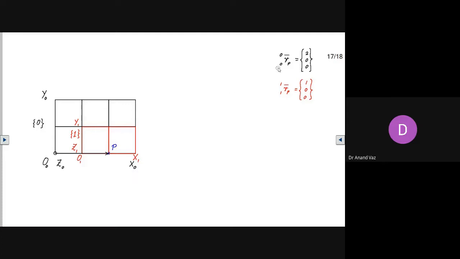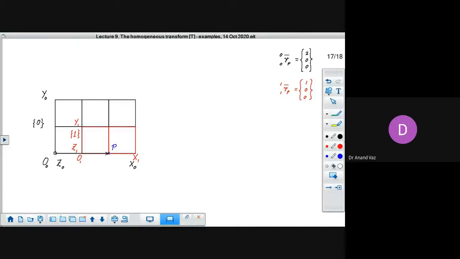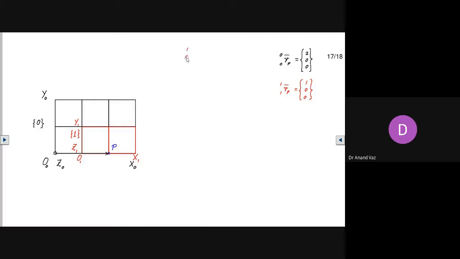Now, what is the relationship between this? How do we get this? It's easy to see. Suppose we take the homogeneous transform, but before that, let's write down this vector R. So we'll keep this as 1, 0, 0, 1.